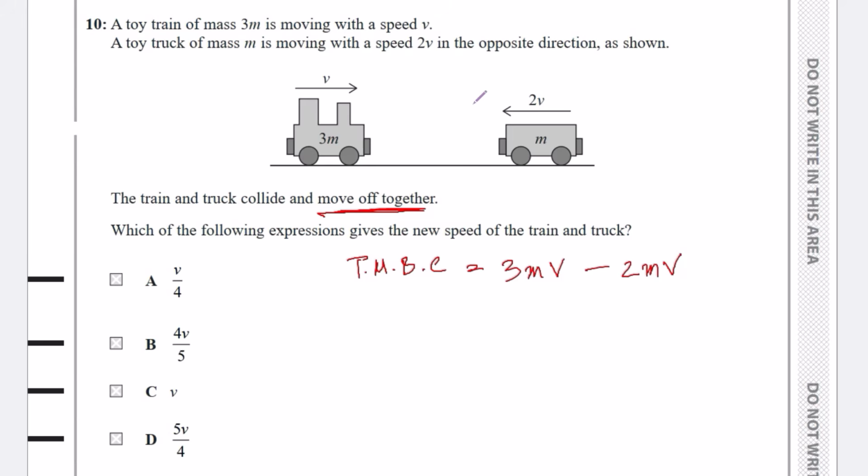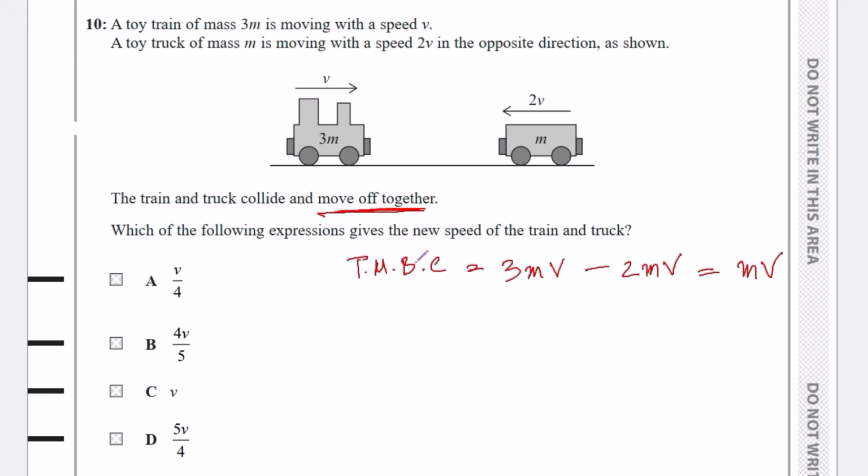And this is just a convention, no rule. This is a convention from my side. I generally take the right side to be positive and left side to be negative, right? So that's exactly what I've done here. So the total momentum before collision would be 3mv minus 2mv, which gives you just mv.